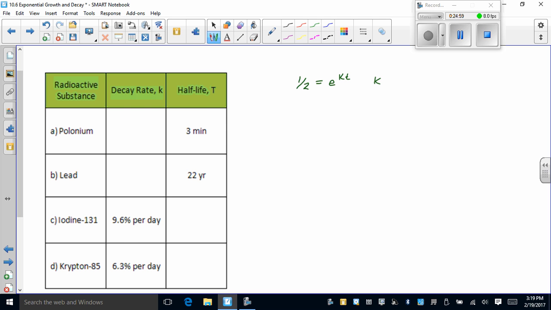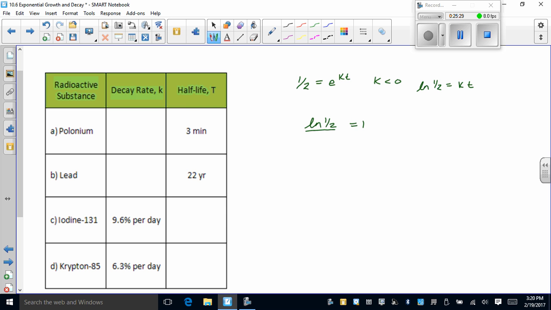So if I put this into natural logs, this will be the natural log of 1/2 equals kt. So now we have this, we can go and figure out any of these. So this one here, we're looking for k, so it's going to be the natural log of 1/2 over t, which is 3.